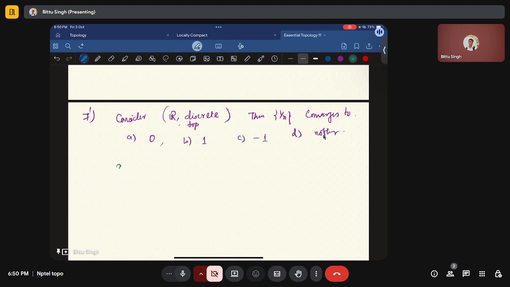Suppose this sequence, let xn equal to 1 by n. Then if xn converges to some x, this implies every neighborhood of x contains xn for all n greater or equal to k. Okay? k is some natural number.